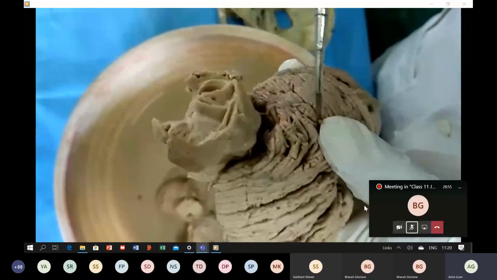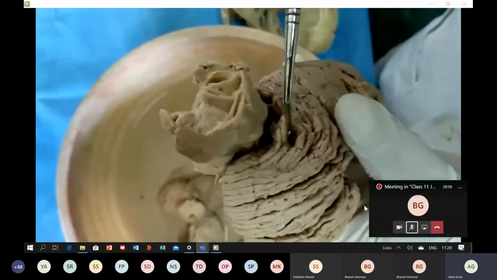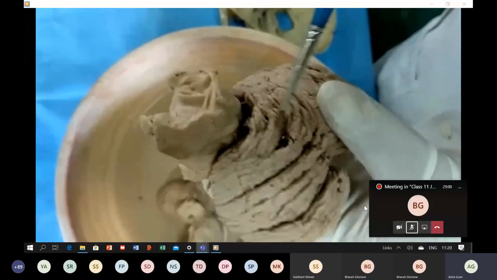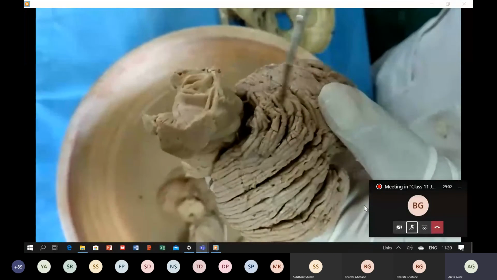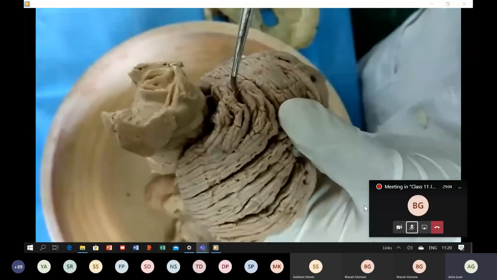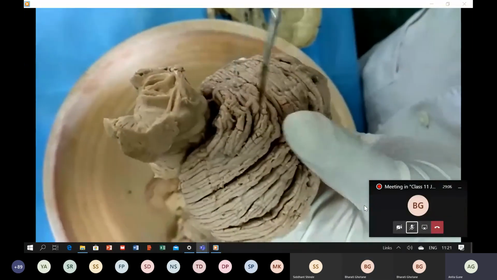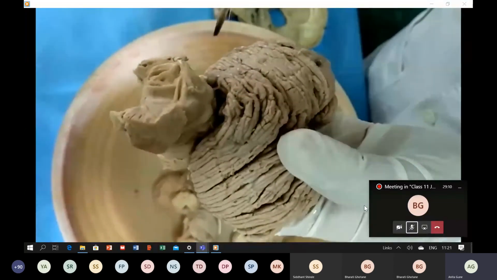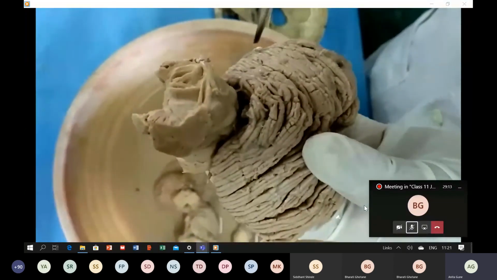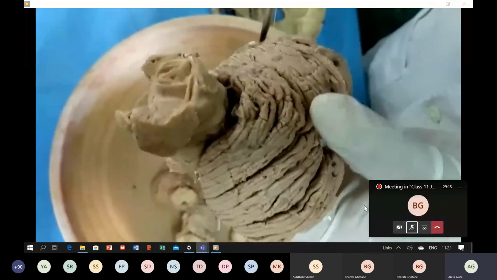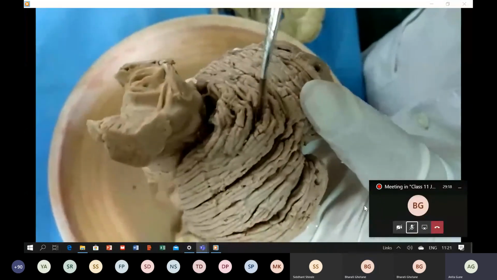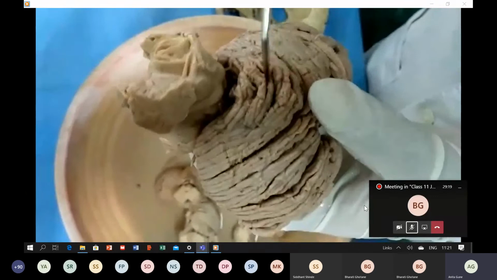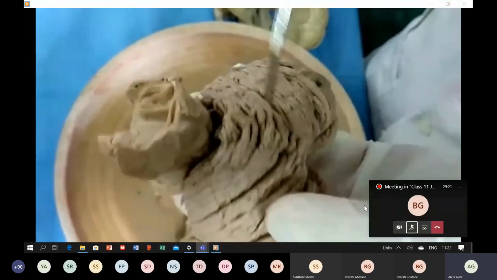Here it is folded, and in between these folds there are sulci, known as the folia. This increases the surface area of the cerebellum to accommodate lots of neurons. This is the function of this folding structure having folia.